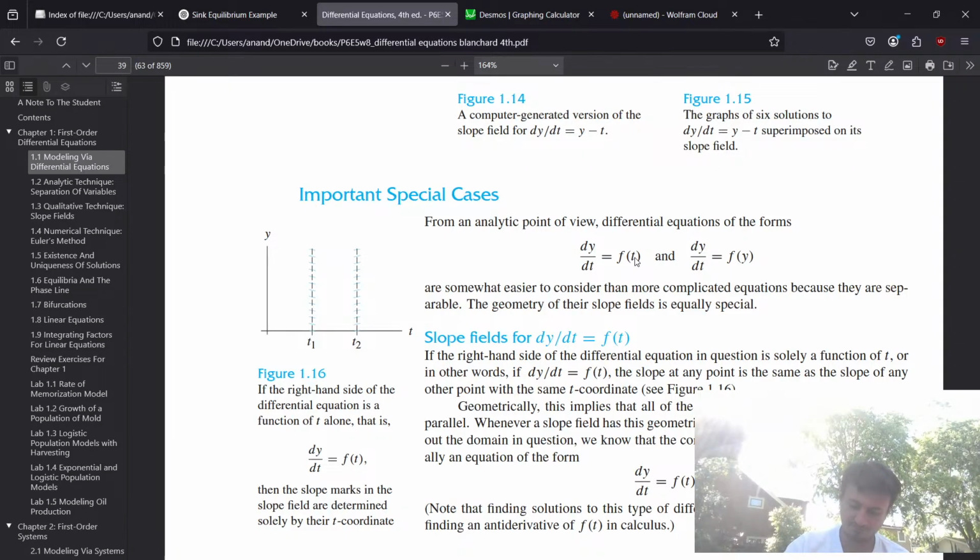Okay, special cases. So this is going to be y dot equals f of t.